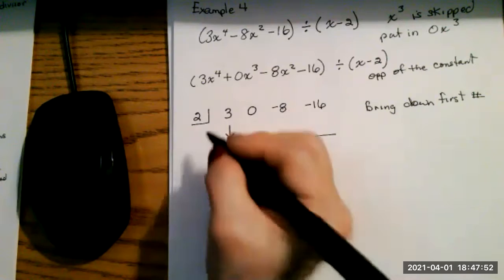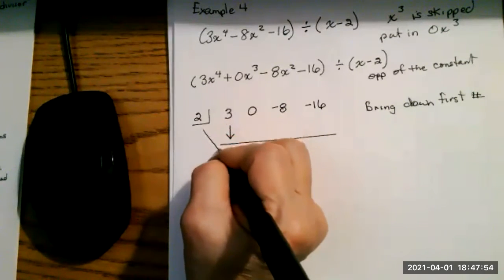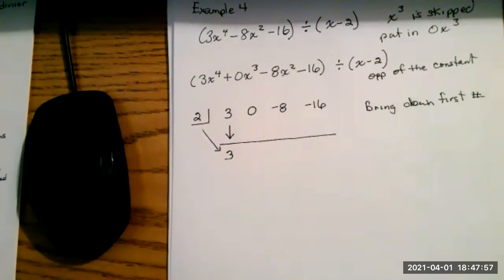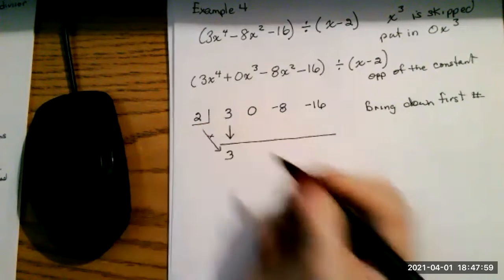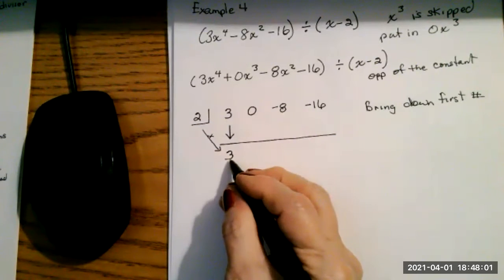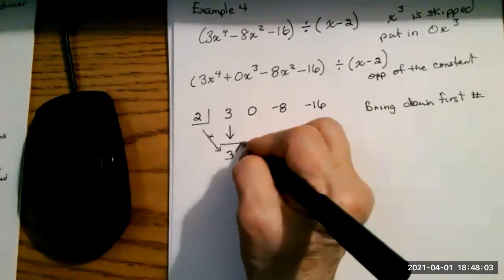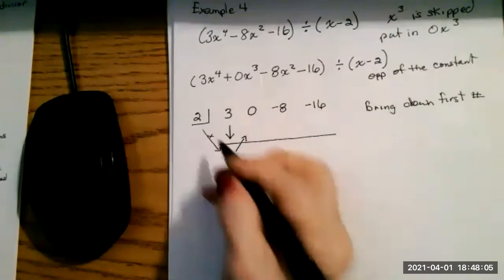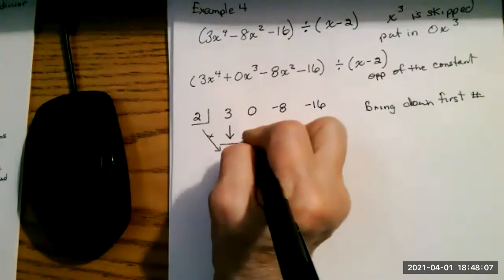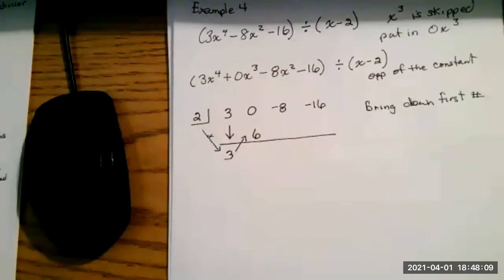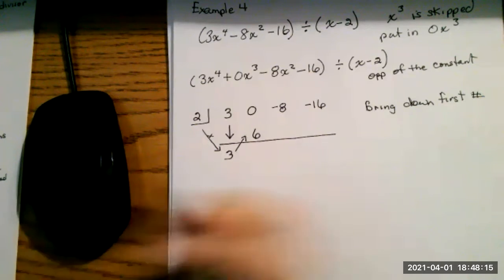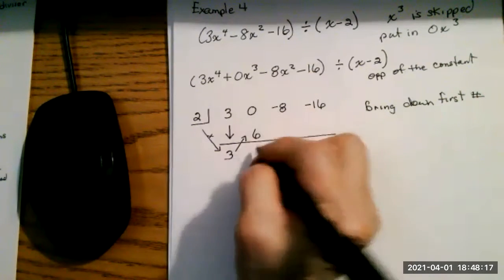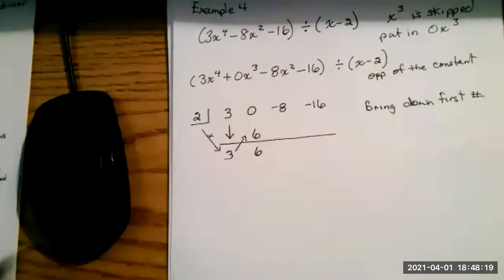Now then, this is where you have to be careful. You multiply the 2 times the 3, and you put your answer right there. 2 times 3 is 6. See how I put my answer right there in that second spot? Now I'm going to combine these terms, 0 and 6. 0 plus 6 is 6.